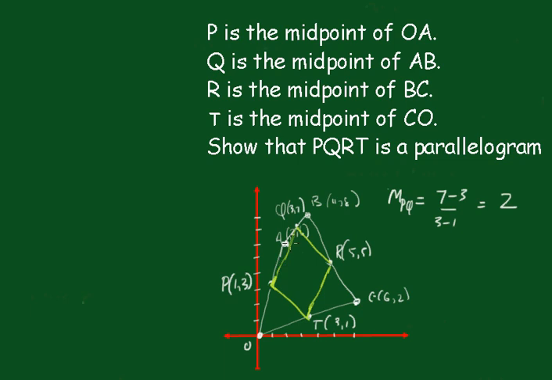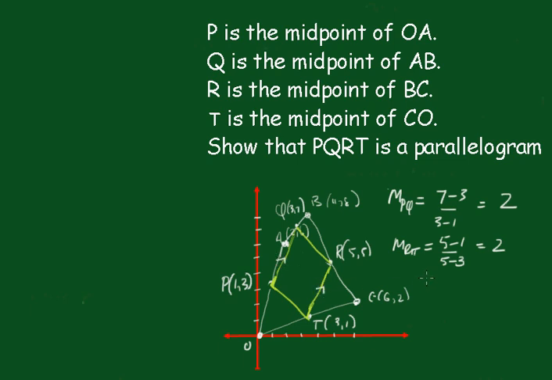Now the gradient of RT is going to be (5 - 1)/(5 - 3), which again is equal to 2. So we've got these two parallel.